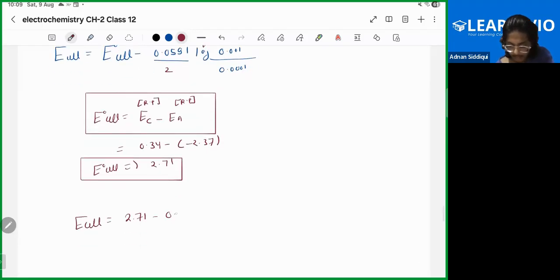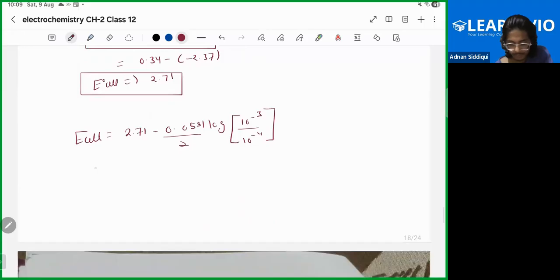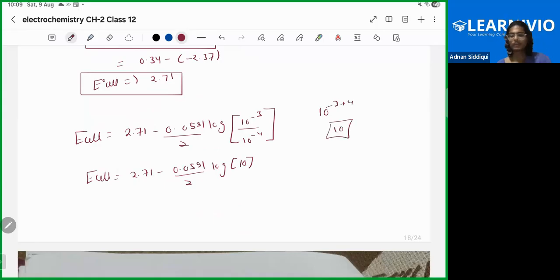Minus 0.0591 divided by 2 log. Can I write it like this? 10 to the power minus 3 divided by 10 to the power minus 4. Can I do this? Yes. Can I write it like 10? Because 10 to the power minus 3 plus 4 is 10, right?